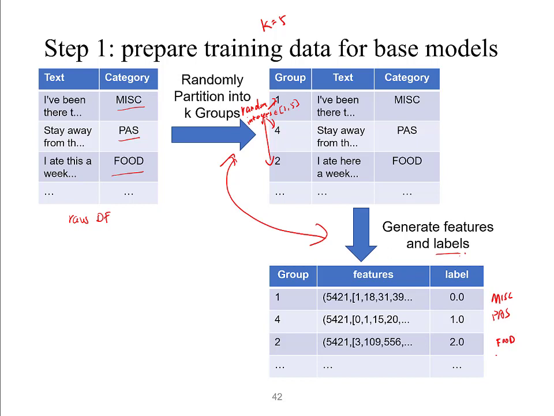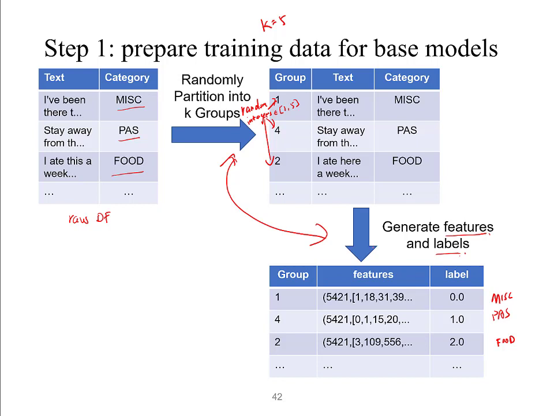So we have 3 categories, so 3 types of labels. So it is a multi-label classification problem. Right? And in order to generate the features, here in this project, we just use the word count as the features of each and every sentence. So it is extremely easy.